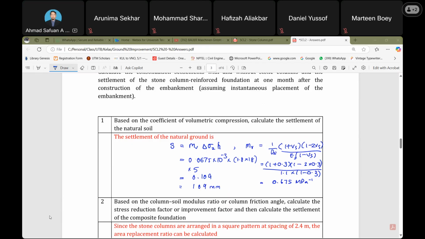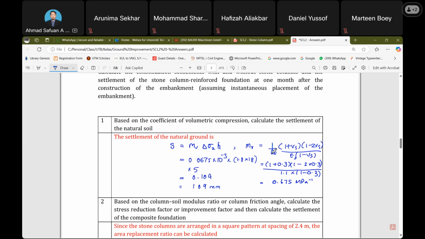This part is not related, so we only use this equation: 1 plus Poisson ratio, times 1 minus 2 Poisson ratio, over Es times 1 minus Poisson ratio.